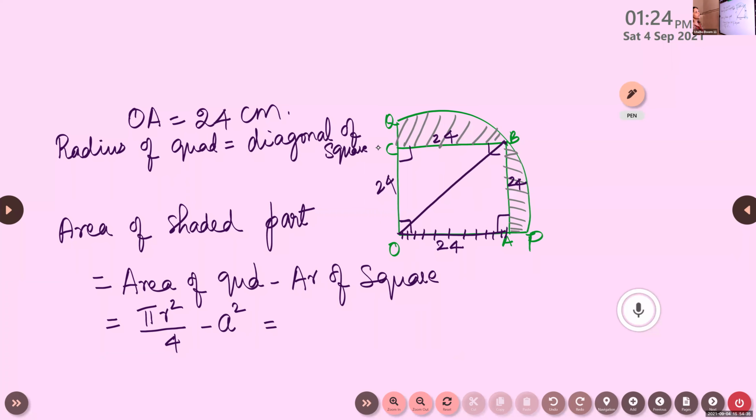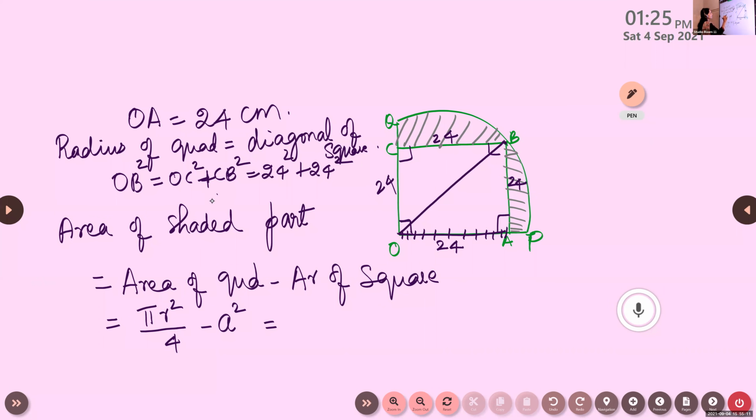OB square is equal to OC square plus CB square, or you can take this as OA plus AB. So it is 24 square plus 24 square.